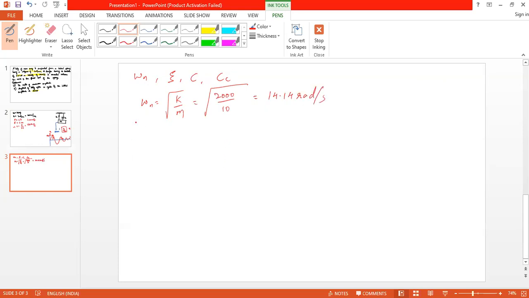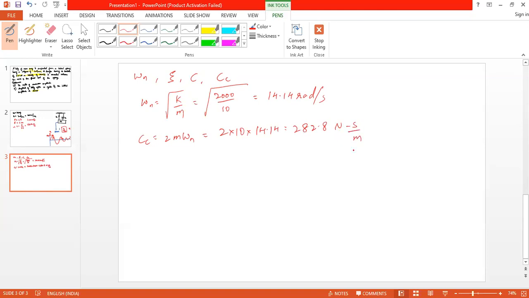Okay. And Cc is 2 m omega n. That is 2 into 10 multiplied by 14.14. So 14.14 into 20 is 282.88. What is the unit? It is Newton second per meter.